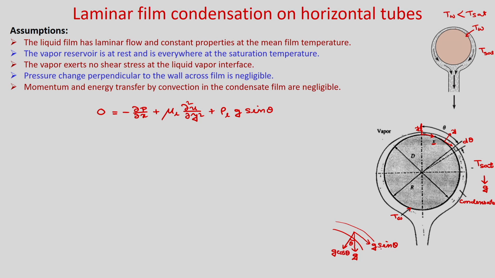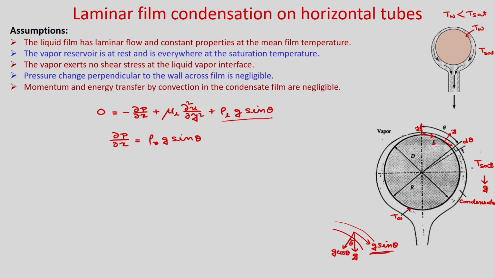In the x momentum equation we have written rho L into g sin theta, the x component of gravity. Now from the hydrostatic equation in the vapor, del p by del x will be rho v into g into sin theta, similarly in the x direction.